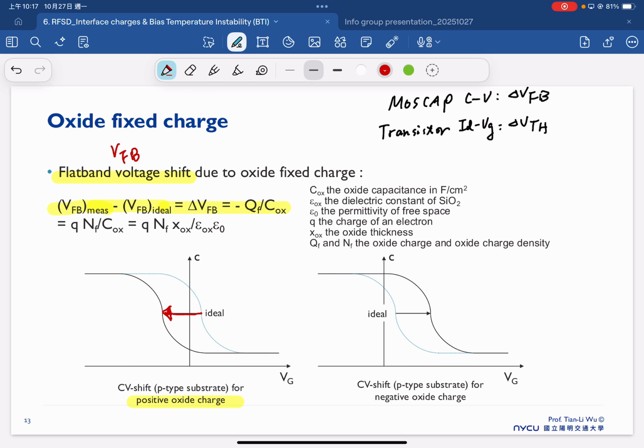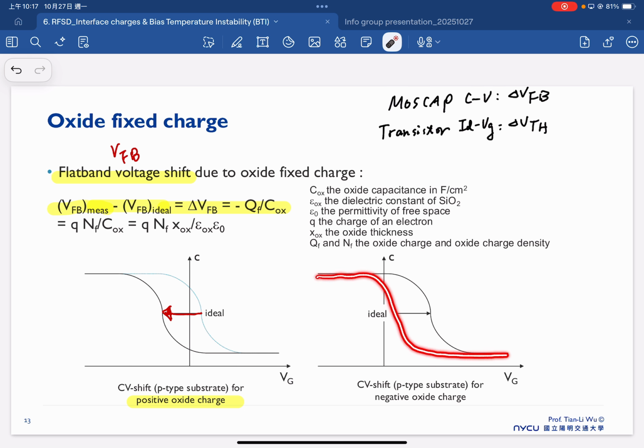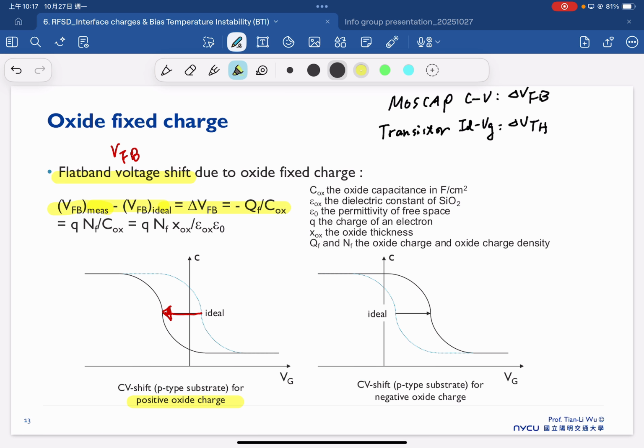Also, if we have this ideal CV shown here, but now we have this negative oxide charge, that will cause our CV curve to shift to the right. So the positive and negative oxide charge in the end will influence our flatband voltage, and also will influence our threshold voltage as well.